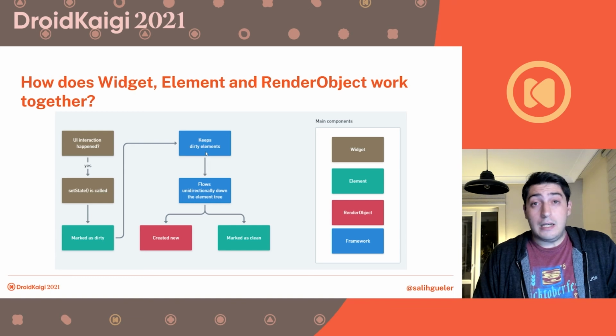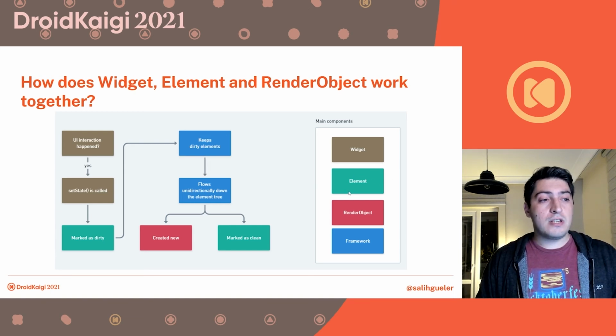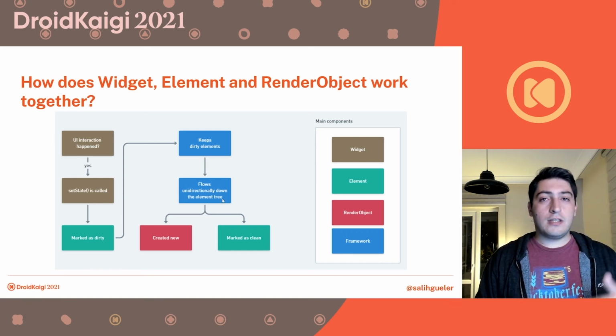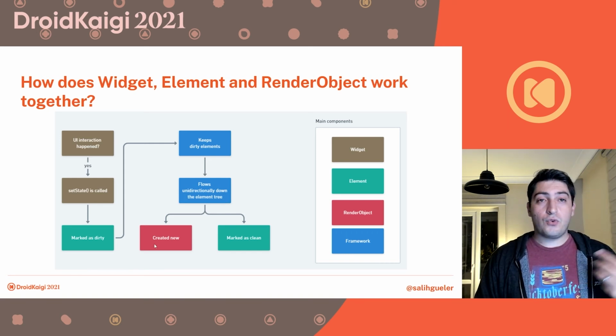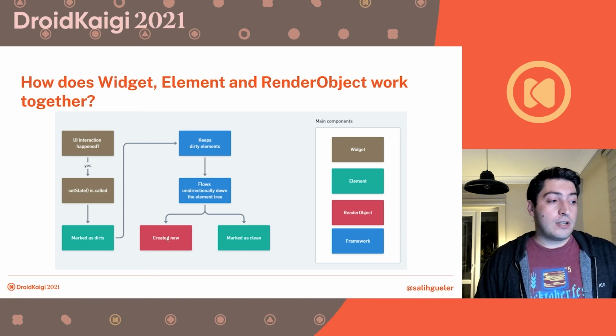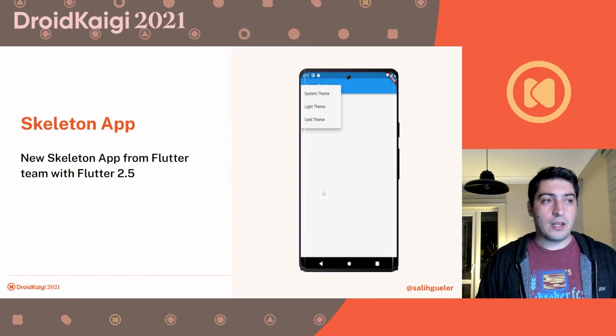But if it's clean, then I'm not going to create it. So this way, the heavy objects like element and render object are not recreated again. After it is going through unidirectionally down to element, it checks the created. If it needs to be recreated again, it's creating it again or marking it as clean.